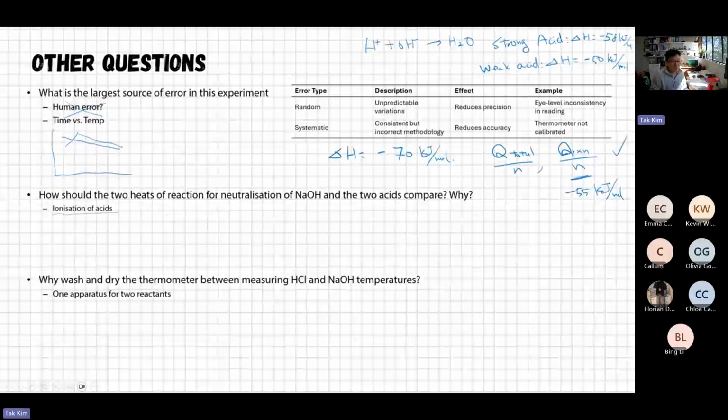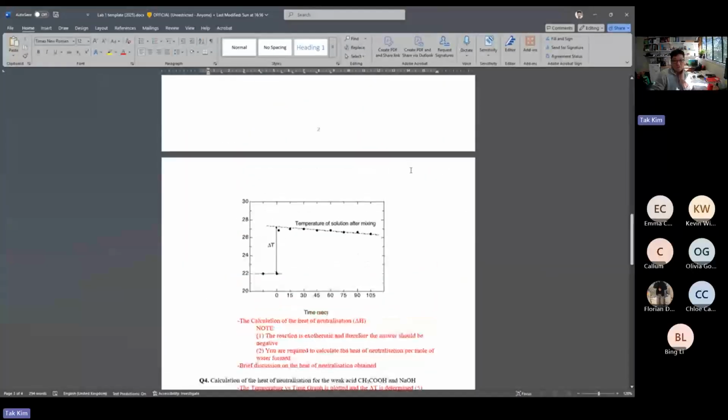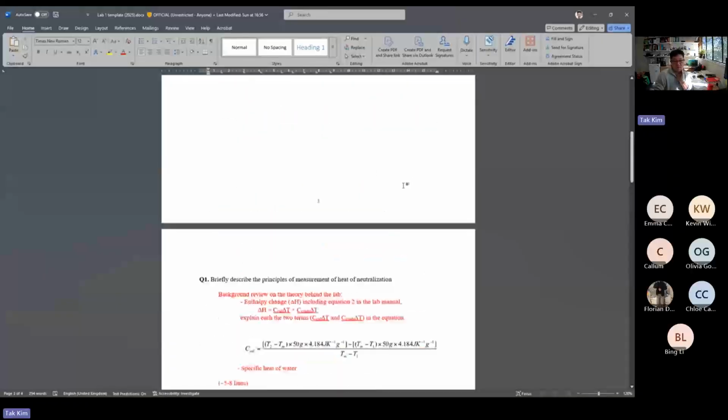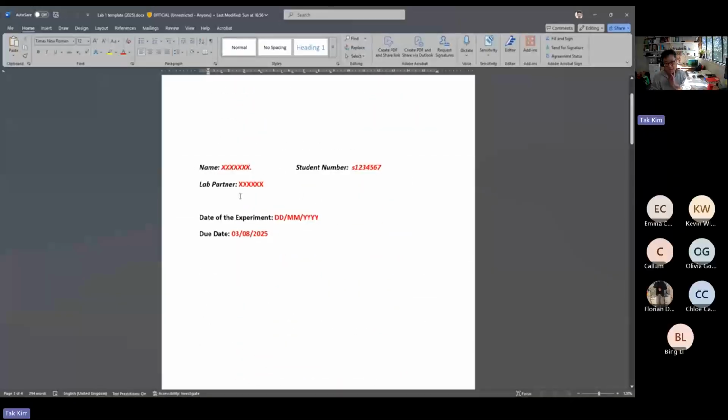Okay, so let's quickly have a look at the template. I believe you've been told to use the template, right? Based on what I see, you need to put your name and number. If you know your lab partner's name, put your partner's name.